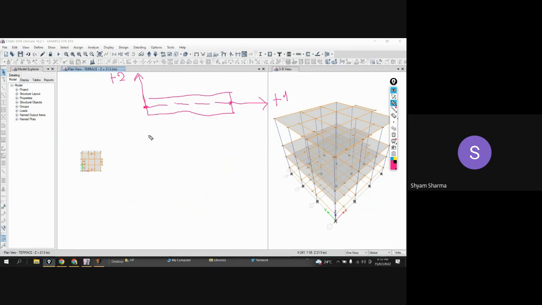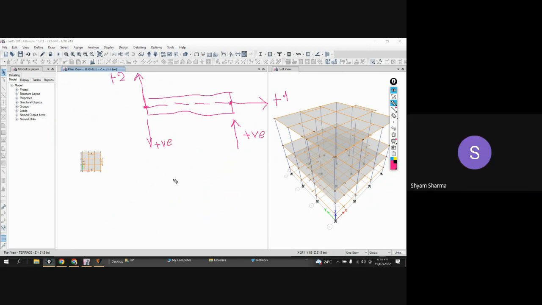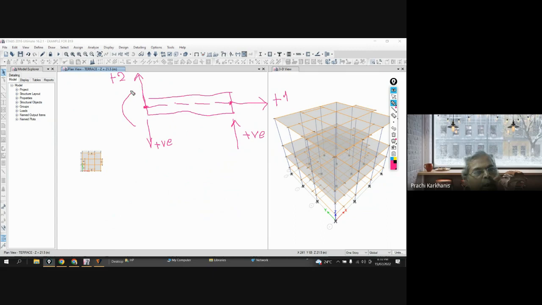So in that case, I will say that this force will be positive and this force will be positive. And this moment, that is moment about the 3 axis, will be positive, because this will create a sagging moment, right?